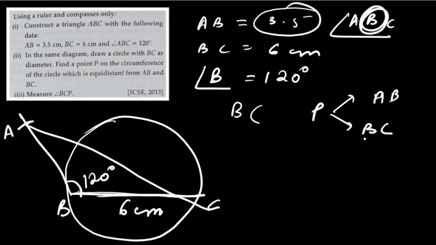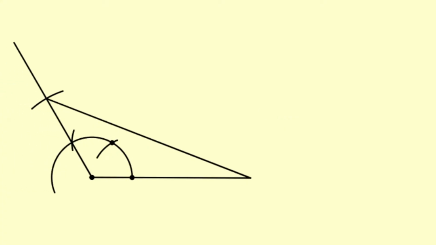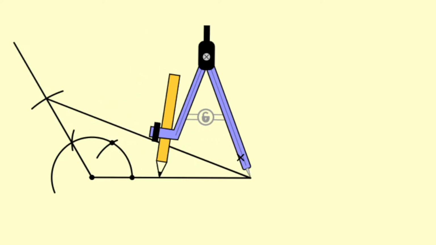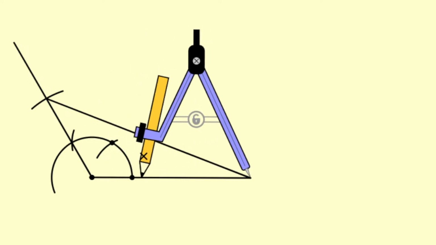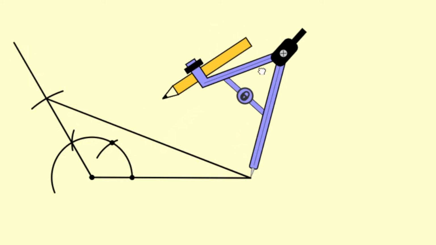So first of all, let's draw the construction. Then I'll tell you what we have to do. The circle with BC as the diameter, we can do that easily. If BC is the diameter, first of all we'll draw the perpendicular bisector of BC, which gives the exact central point.